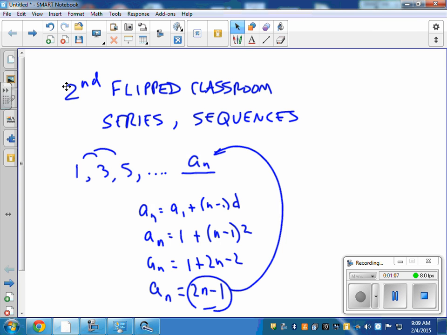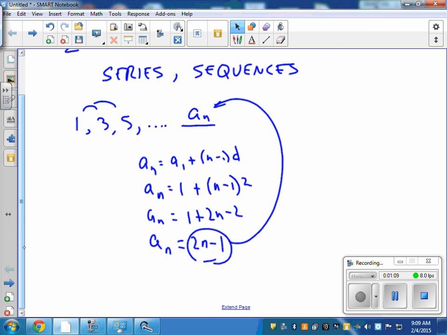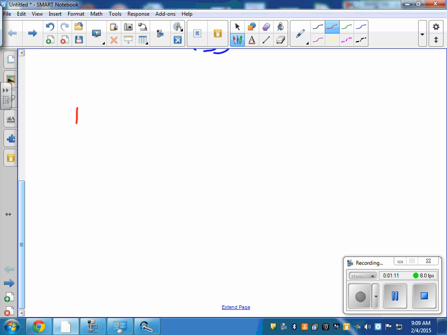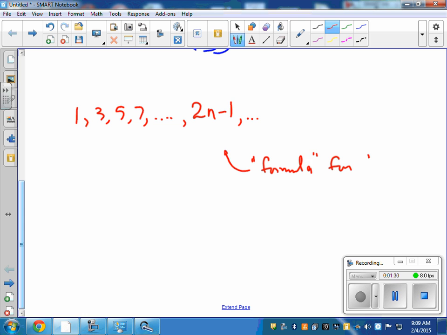So for this sequence of odd numbers, 1, 3, 5, 7, and so on, instead of writing a sub n, I'm going to write the nth term generator, which is 2n minus 1. Okay, so this is a formula for finding the nth odd number.